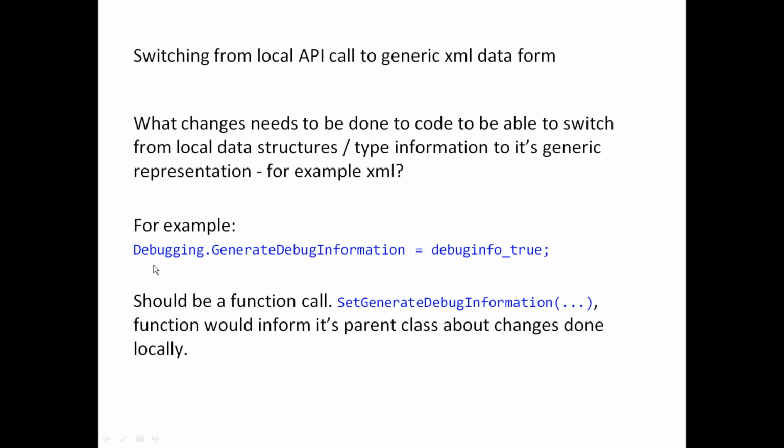And one observation we noticed is that this should actually be a function call. So we use some sort of set generate debug information, and after that it should inform the parent class, that configuration container, that we have changed that value.